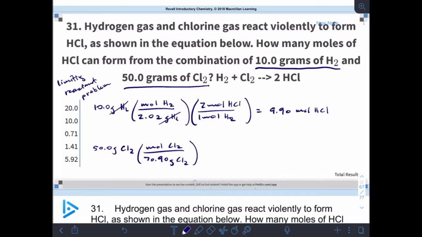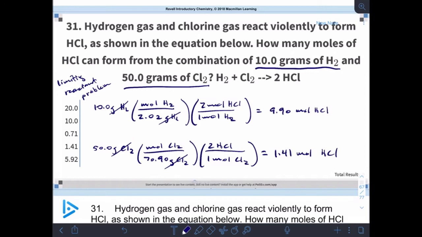And I put grams on bottom because I want grams to cancel out. Now I'm going to go from moles of Cl2 to moles of HCl. So I'm going to put moles of Cl2 on the bottom and moles of HCl on the top. And I'm going to find that that gives me 1.41 moles of HCl.